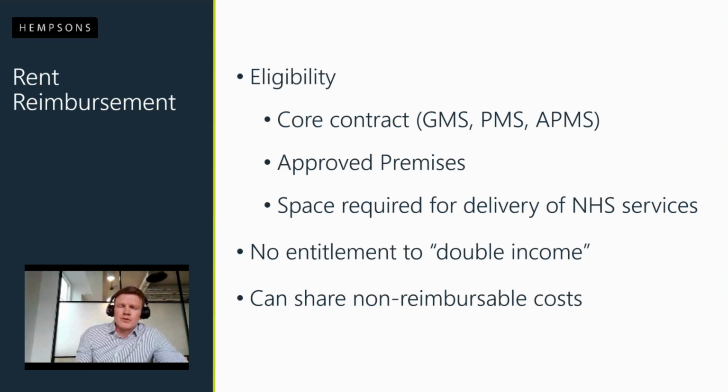So if you do have any arrangements like that within your practice, it's worth thinking about it because, on the one hand, it's worth checking whether there is any potential additional income we can get from this arrangement. Can we require the occupier to at least contribute to the non-reimbursable costs? But also consider it from the perspective of making sure you're not falling foul of the double income principle.